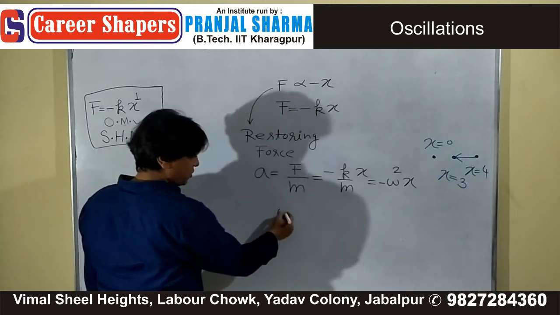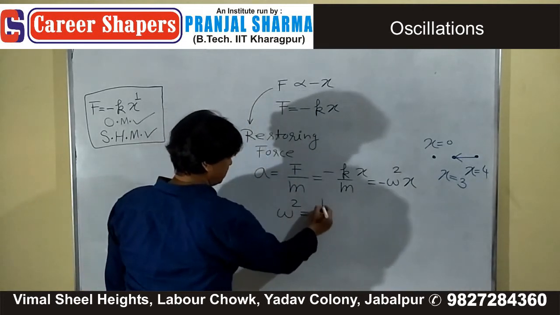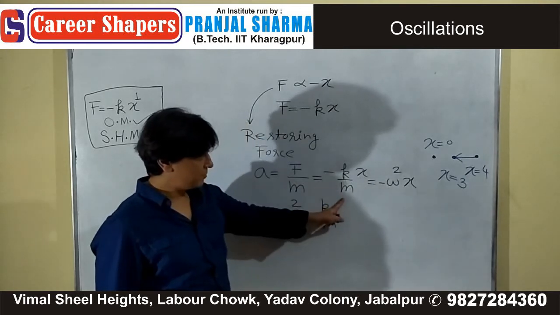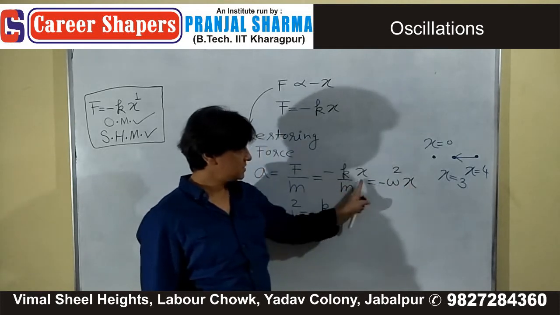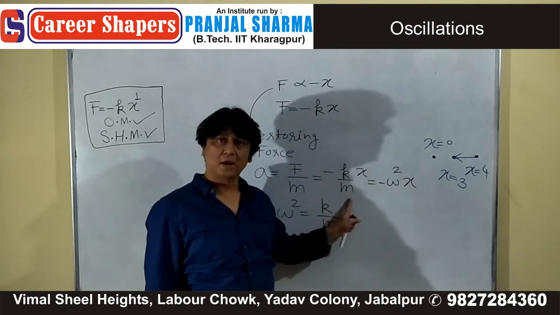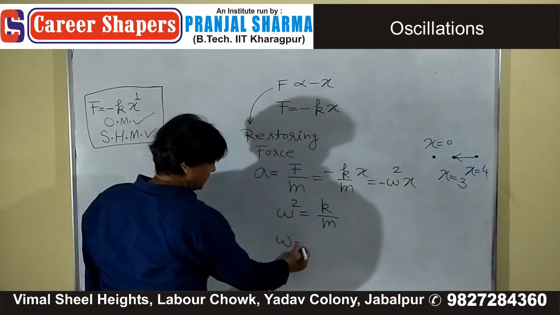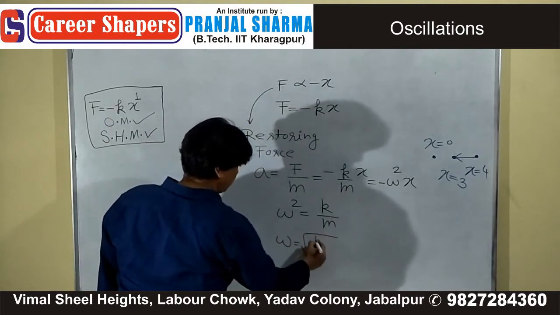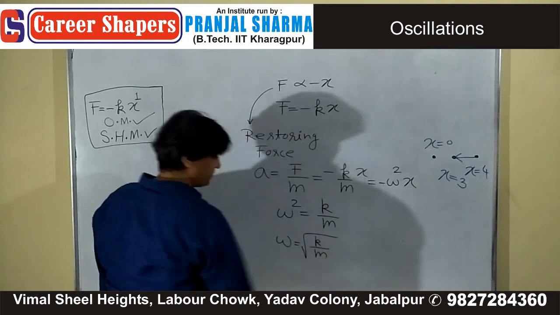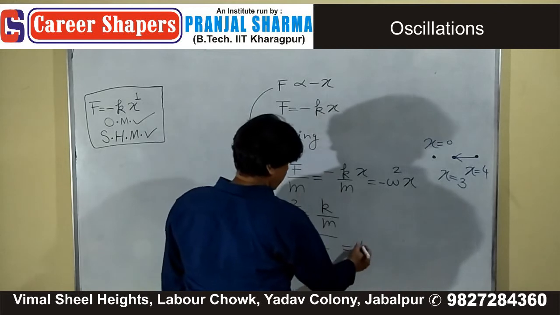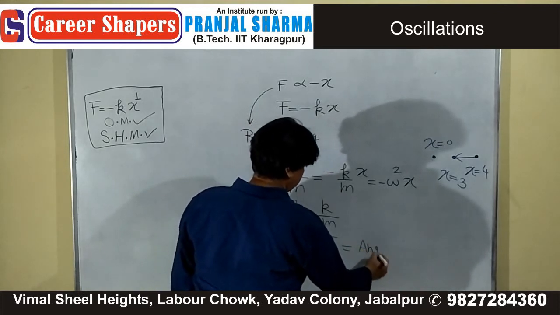This omega square, which you see, is nothing but k upon m. What is omega square? k upon m. This omega is root over k by m. This omega is called angular frequency.